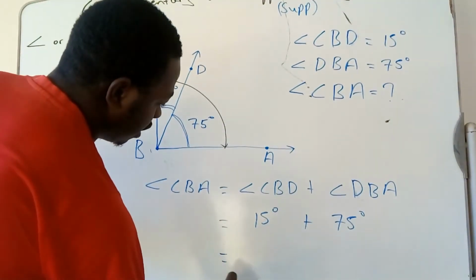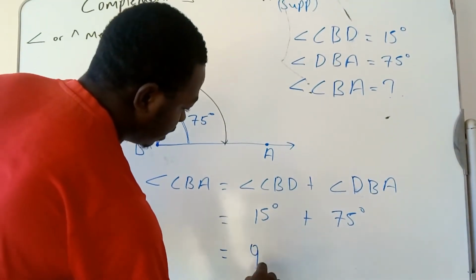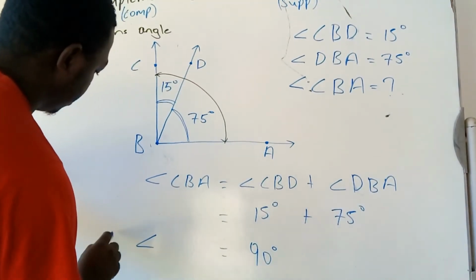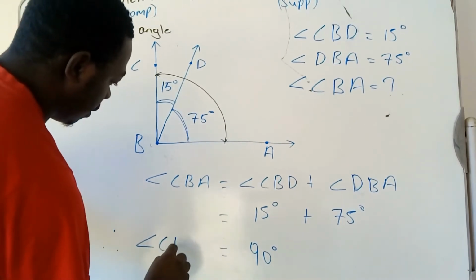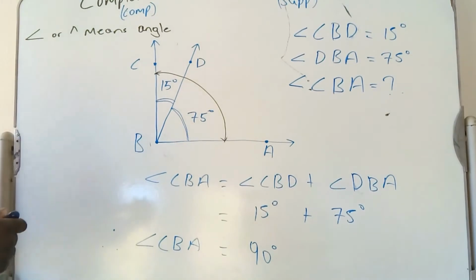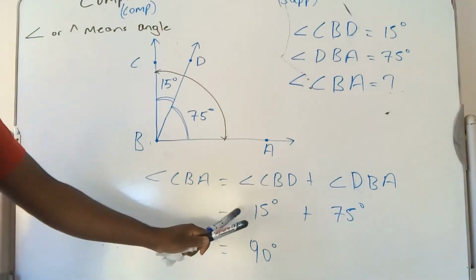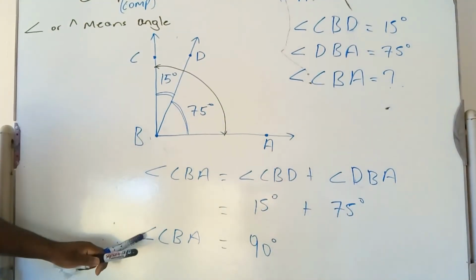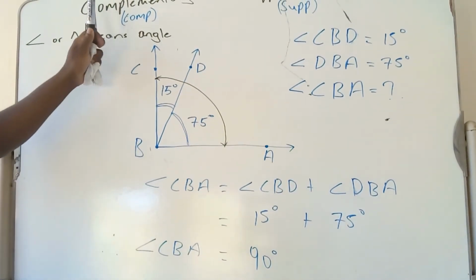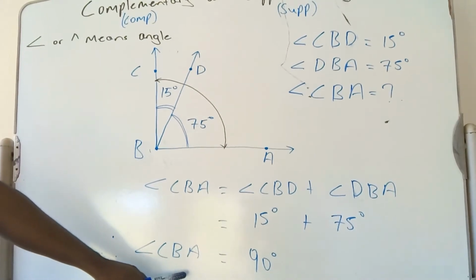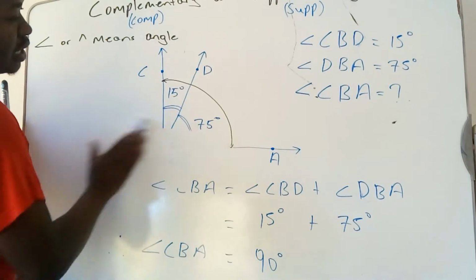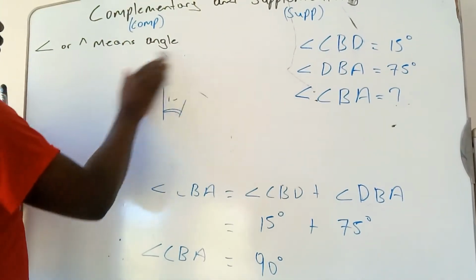And the final answer would be 90 degrees. So therefore, angle CBA is equal to 90 degrees. And like I said, whenever you add two angles and the result is 90 degrees, then we say they are complementary angles. Alright?